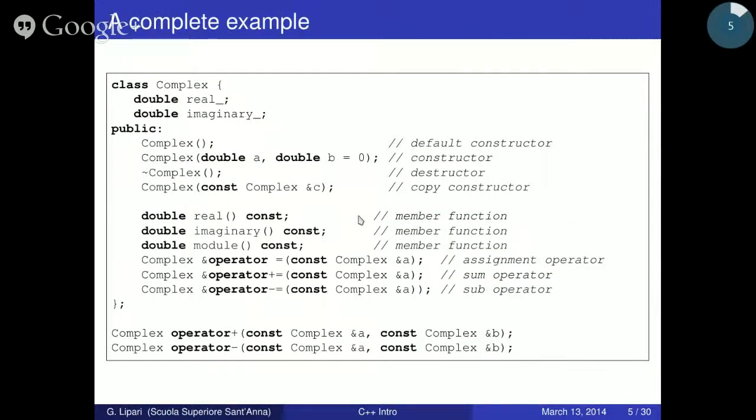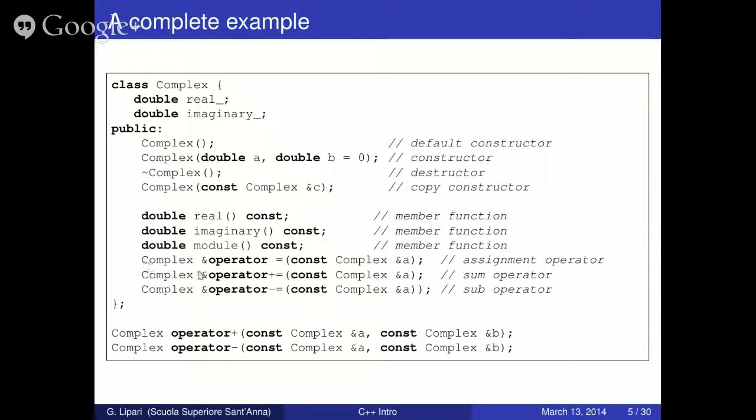And of course you have to write this because C++ doesn't know anything about how to sum complex, because complex is your own class. So this is a typical prototype of a class complex. And you see that I define a constructor, a destructor, a copy constructor, and then a few normal functions like real, imaginary, module, and then a few operators.